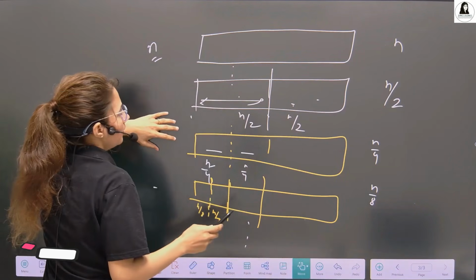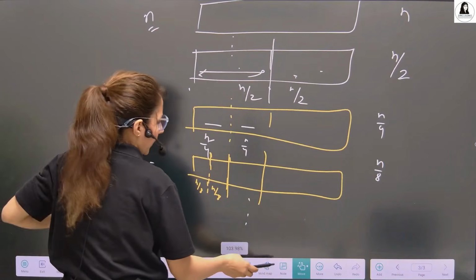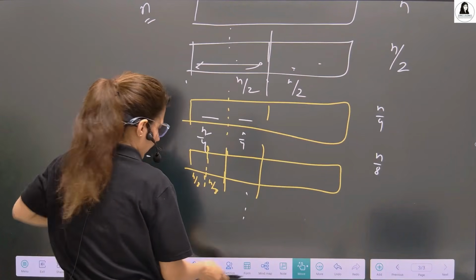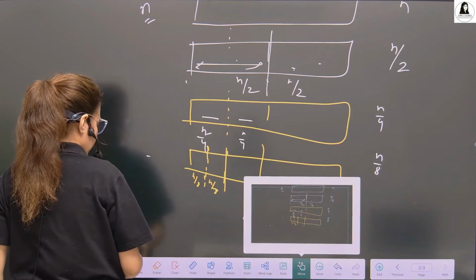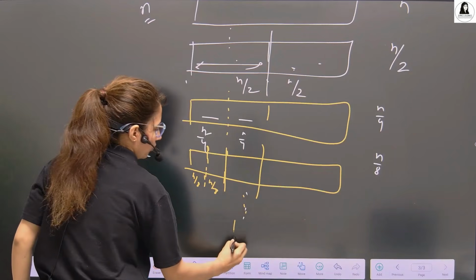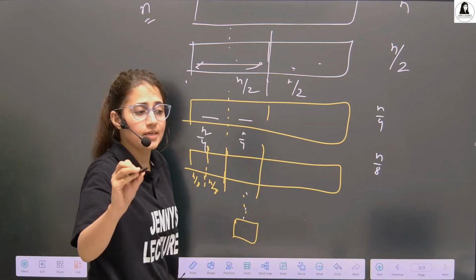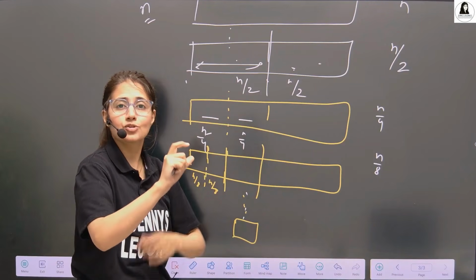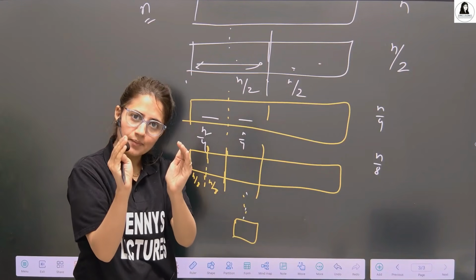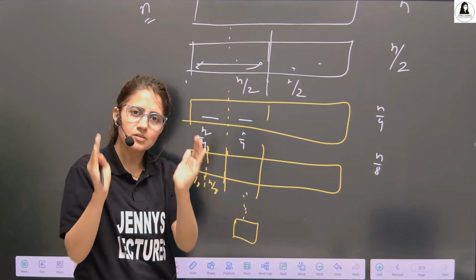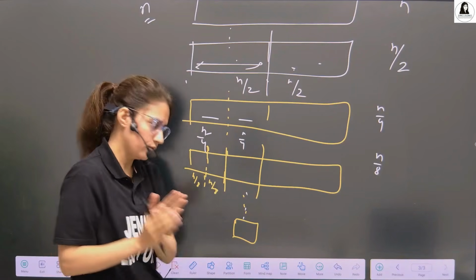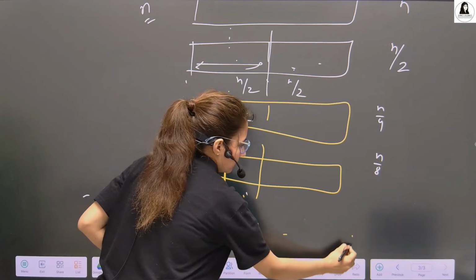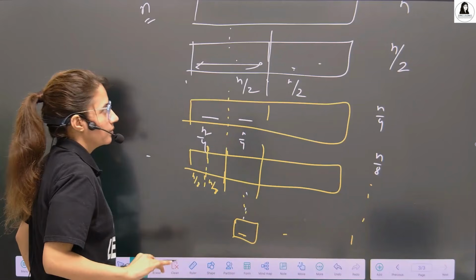Ultimately, at the end, the search space becomes only 1. In the worst case, if the element doesn't exist, as I showed in the previous case, at last you get only one element and you have to search there. So it's 1.